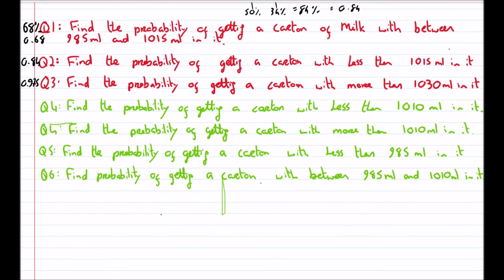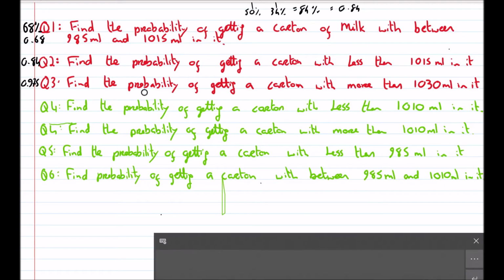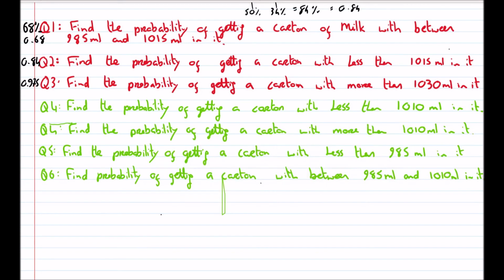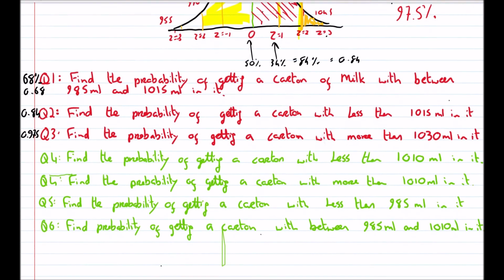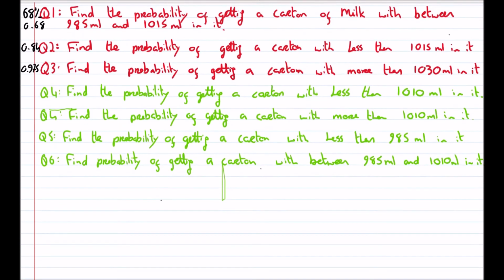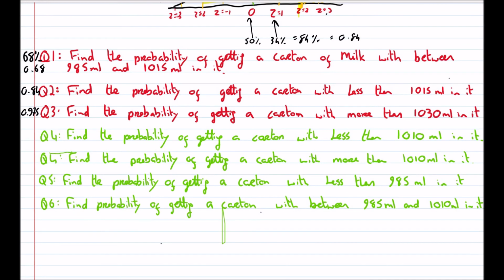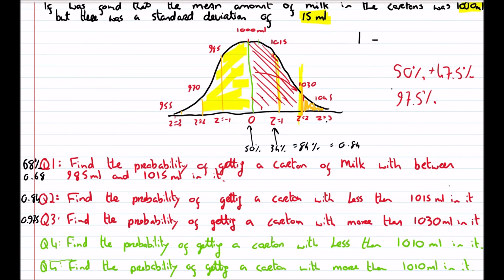Right, now, in these green ones we're going to have to get z-scores, because in these ones we could use the empirical rule, or we could just read the z-scores 1, 2, 3 off our tables. Right, first one, find the probability of getting a carton with less than 1010 millilitres of milk. Well, that's shaded in, so we'll know what side it's at.